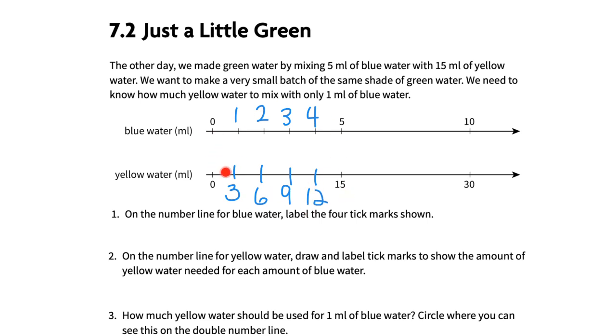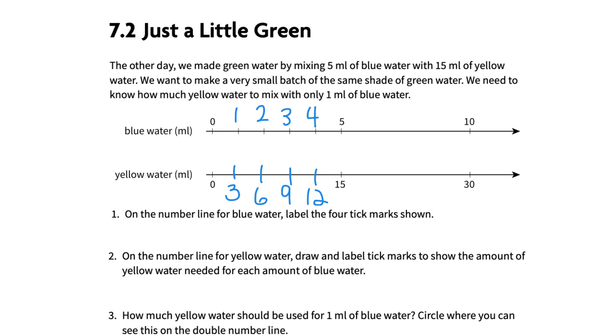And so you can see I had to put in the tick marks for the yellow. I did not have to do that for the blue because they're scaffolding this for our students. Number 2 says, on that number line for yellow water, draw and label tick marks to show the amount of yellow water needed for each of the blue. So there you go. I guess I did both question 1 and question 2 at the beginning.